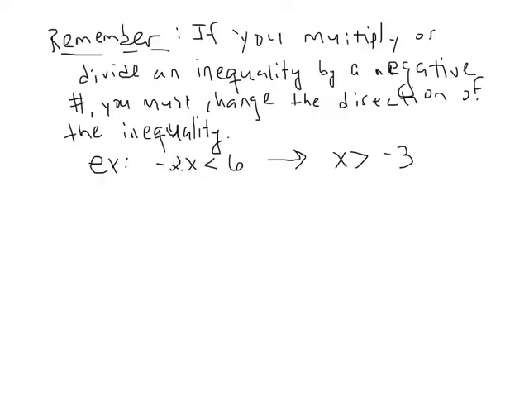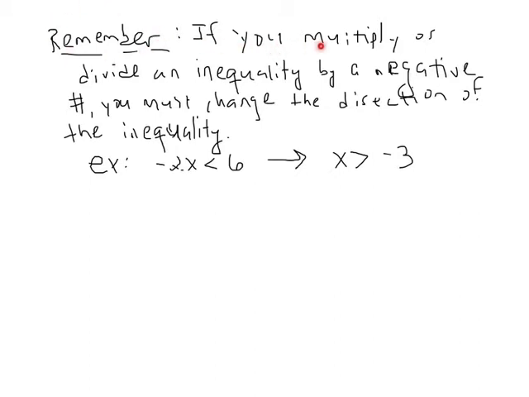And the rest of section 2.6 is really devoted to solving inequalities. And all of the rules that we developed in section 2.1 and 2.2 for solving first-degree equations still apply to solving first-degree inequalities. There's only one difference, and that's noted here in my little remember.